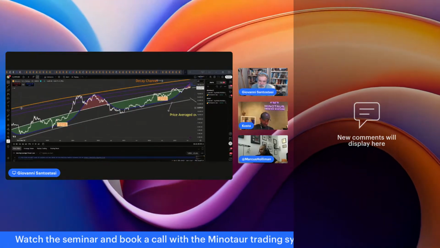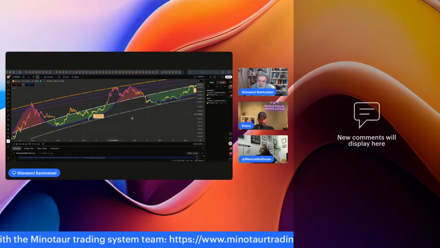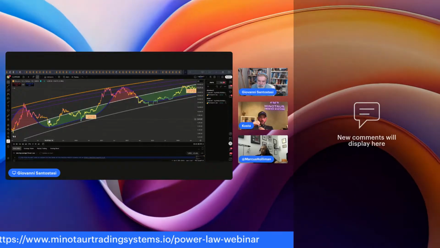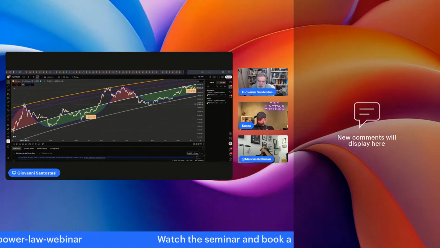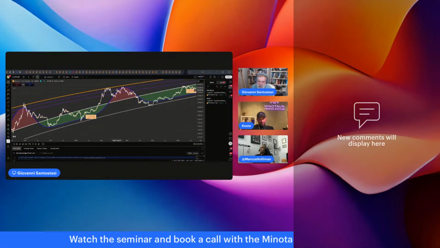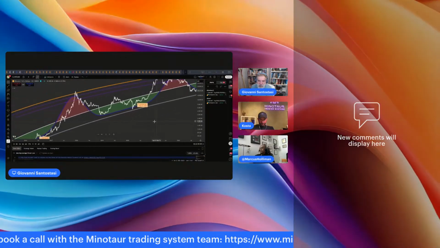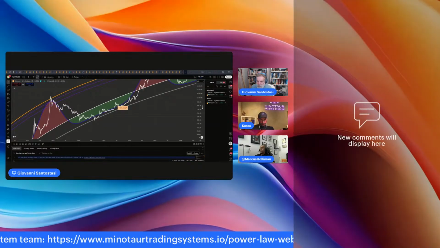And also we have this upper orange line that is the K channel. So basically it still follows the power law, but in addition we are adding an exponential decay from the peaks. And if you do that, you can see all the major tops are linked together.